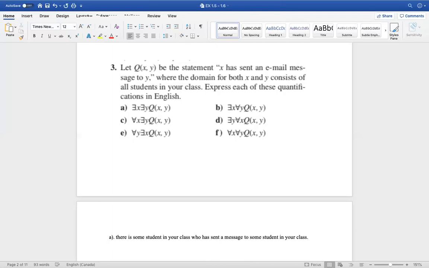Let's take part number C. Every student in your class has sent a message to at least one student in your class.